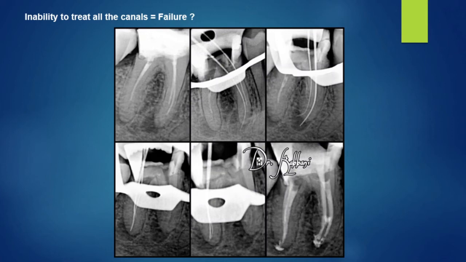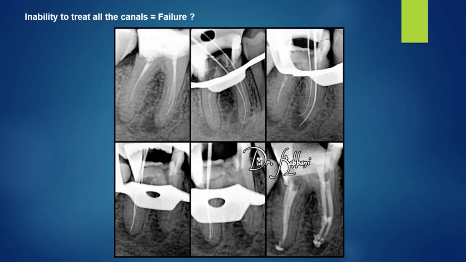So when I saw the first X-ray, the preoperative X-ray, I was able to expect a second canal in the distal root. And when I saw the mesial canals, I knew that there is a problem here, as the primary dentist was not able to reach the full working length.